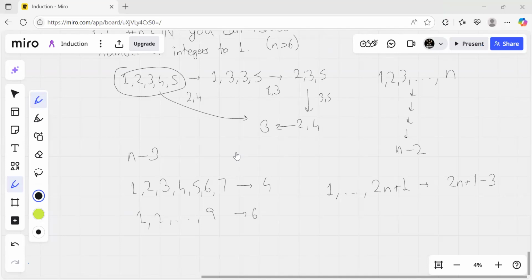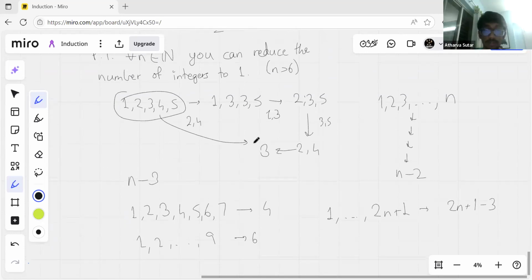Why minus 3? Not for all, but if you could prove that it's n minus 3, then it would be helpful, right? If you know that it will reach some integer, then it's obvious that there will be only one integer, right? Yeah.